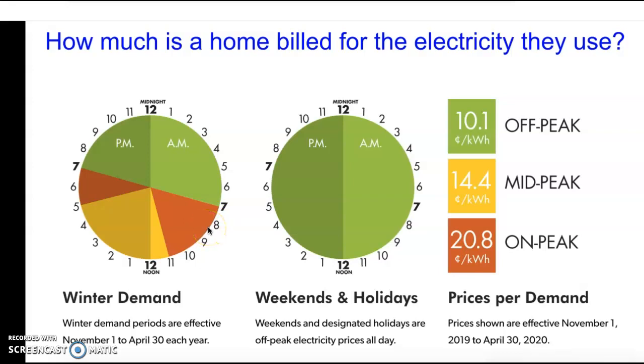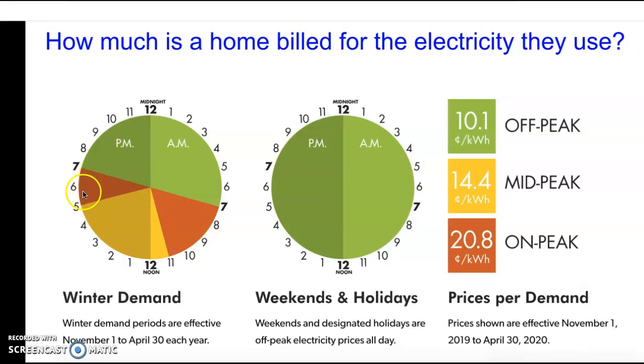So they're turning all the lights on. So a lot of electricity is being used during that time. That puts a lot of pressure on the electricity system for the province. So one way the province tries to handle that pressure is by making electricity more expensive during those times, so that maybe less people will use it, and then that might alleviate some of the pressure on the system.